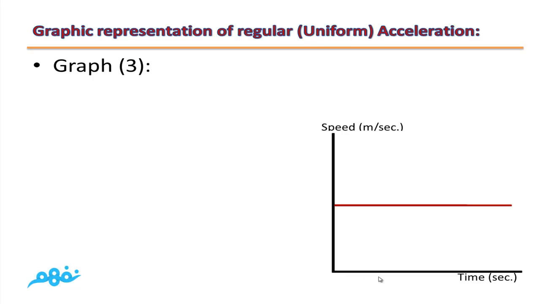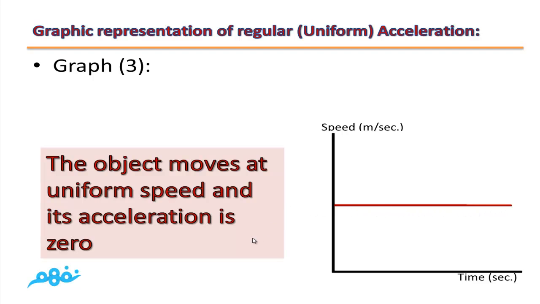This means that by increasing the time, the speed remains constant. This means that this object moves at uniform speed or constant speed, and it also means that its acceleration equals 0. Acceleration equals 0 means that its speed is constant.